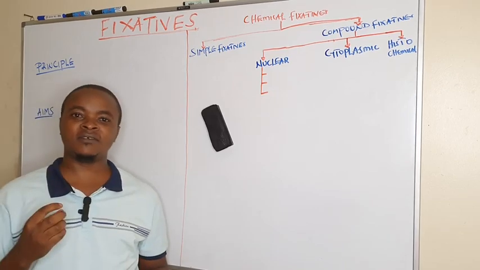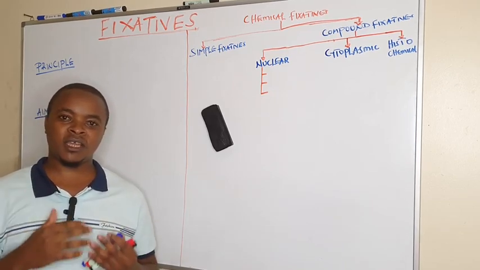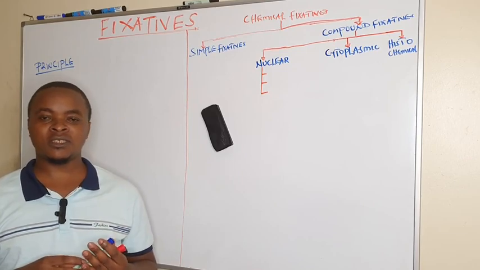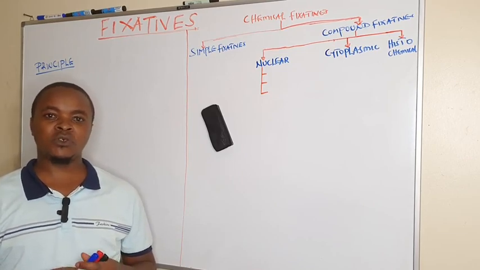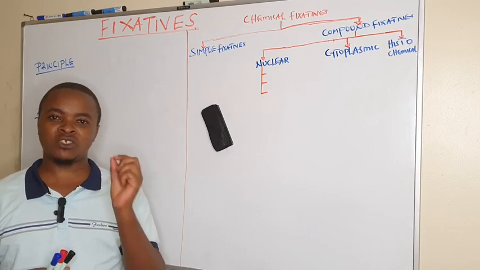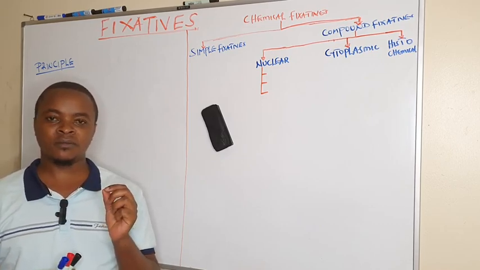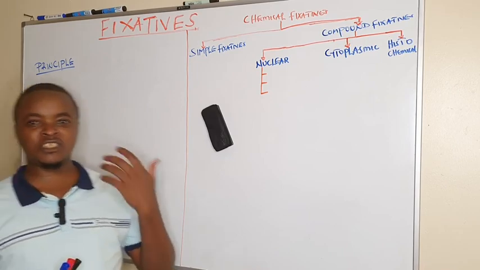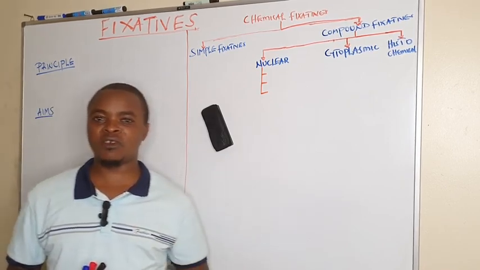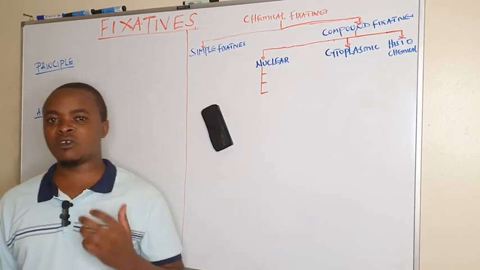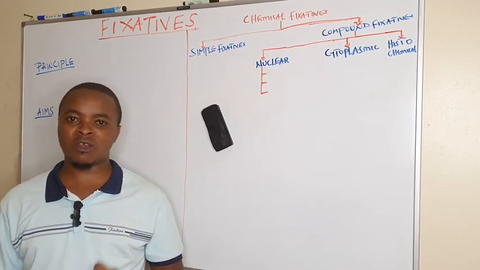A fixative is a chemical. They are chemical or physical substances which are used to preserve the morphology and structural details of the cell. Because after the tissues have been removed from the living organism, there are what we call postmortem changes that occur on them.